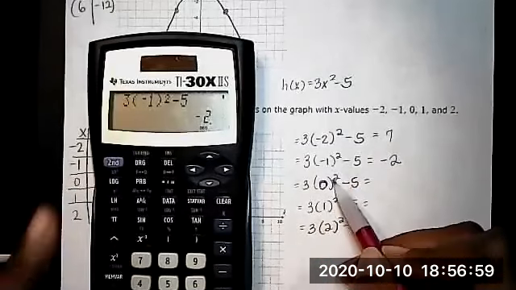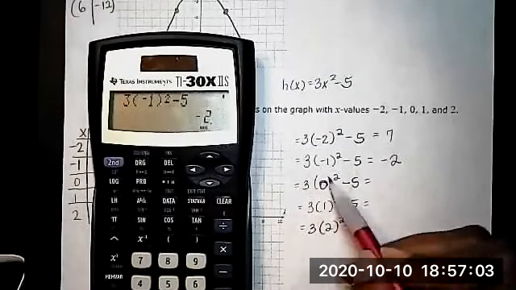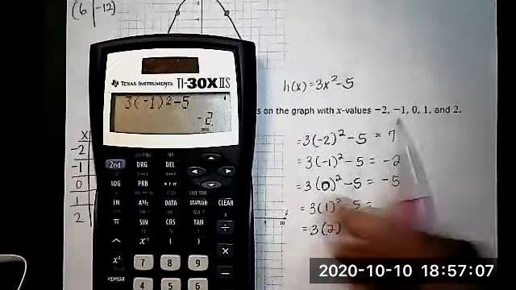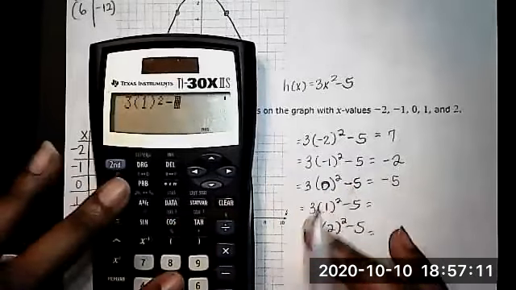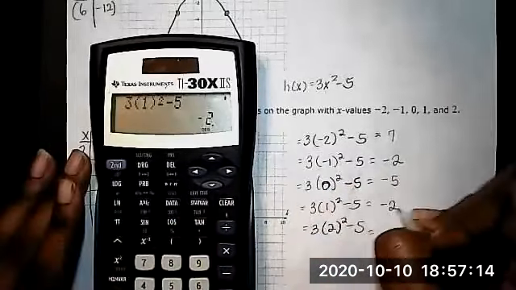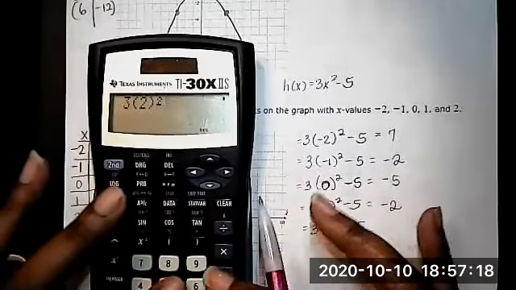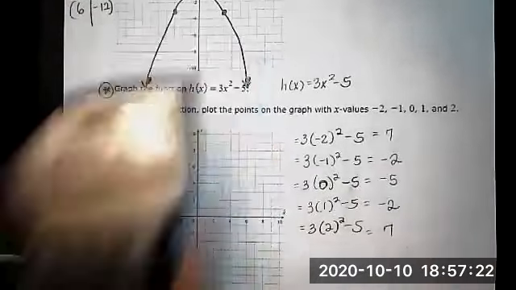This one is 3 times 0 squared, which becomes 0, and then minus 5 becomes -5, okay? 3 times 1 squared minus 5 is going to be -2, and 3 times 2 squared minus 5 is 7. Okay, so we have our points there.